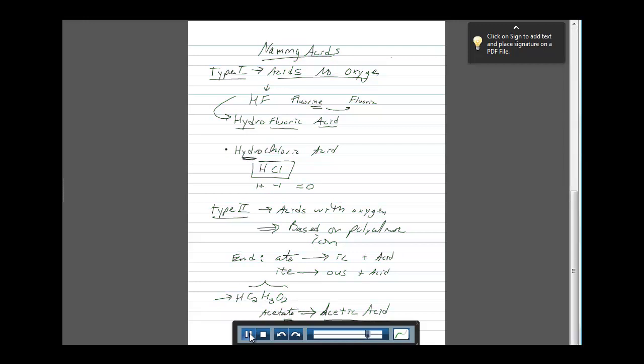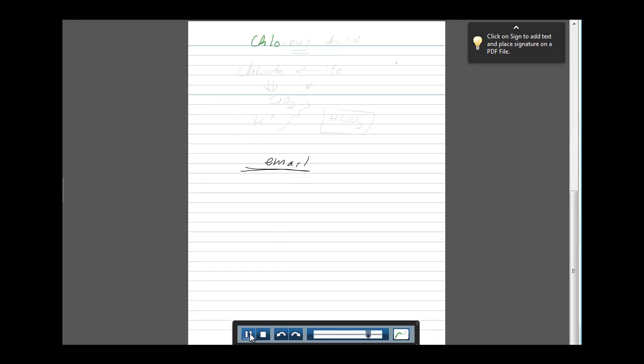We can go in the opposite direction, and if I give you the name chlorous acid, well, the chlorous ending comes from something that ends in -ite. Okay? And so if I remove the ending of -ous and put -ite back on it, it's chlorite.